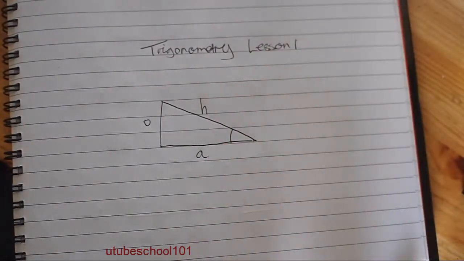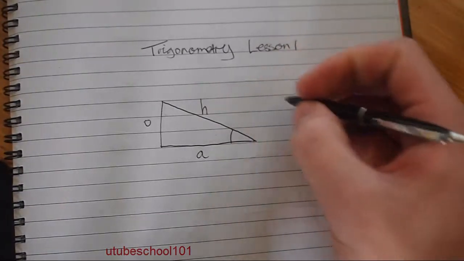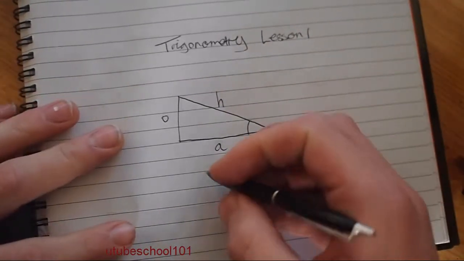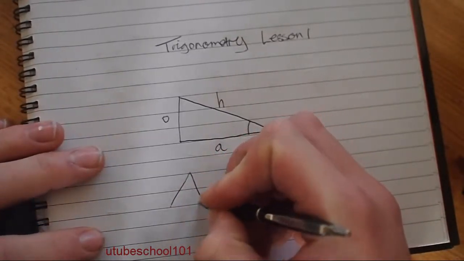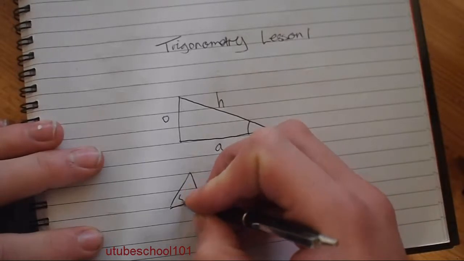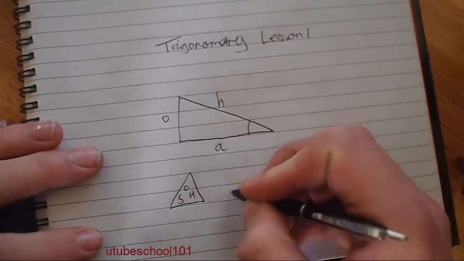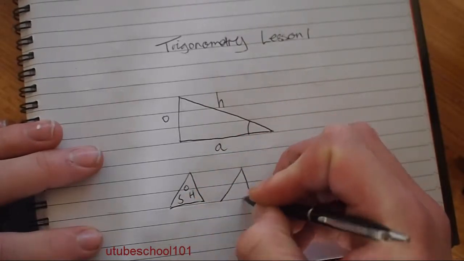So anyway, why have we labelled the sides like this? Well, we've labelled the sides like this to put into our triangles here. Now I will explain what these triangles mean.